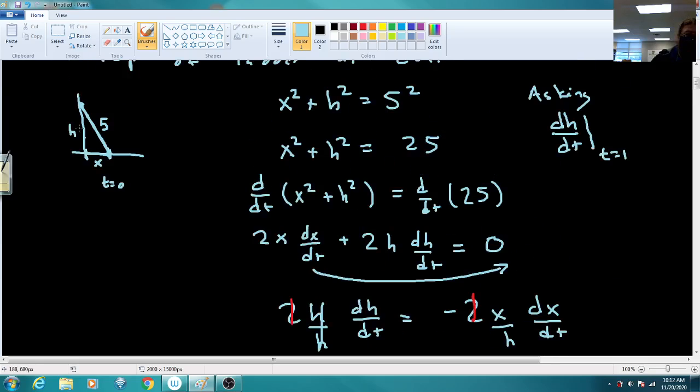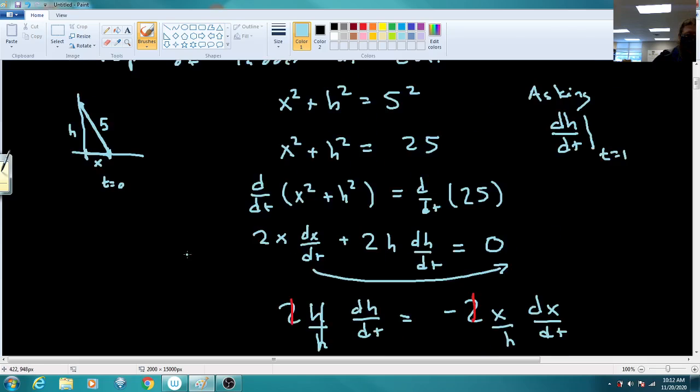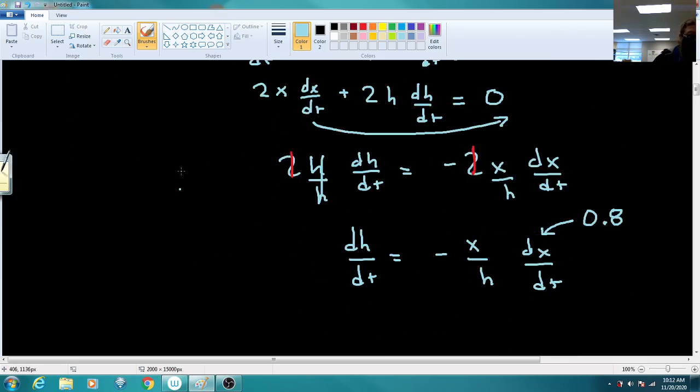Now, the problem is this triangle here is for time equals 0. And we know at time equals 1, the ladder is slid down a little bit. So we're going to go through, and at time equals 1, we need to figure out what's the x value, what's the h value at time equals 1. So we'll say time equals 1. The ladder is slid down a little bit from where it originally was.